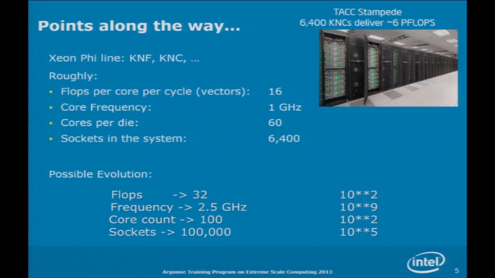If you convert from binary to decimal, which is not an exact science, but if you get 10 squared, 10 to the 9, 10 to the squared, and you add up the exponents, sure enough, you get 18. So it's actually plausible to get an exascale computer in this decade. But I think not at 20 megawatts, but maybe not very far off.